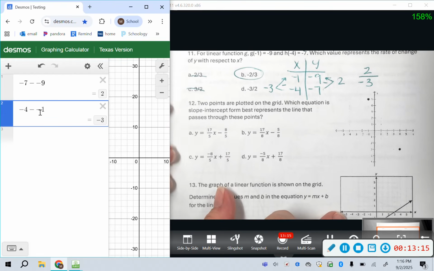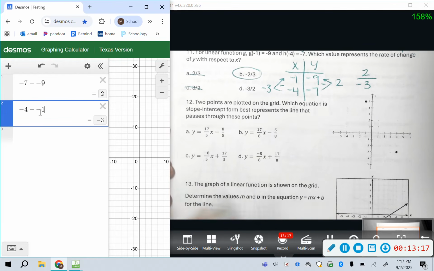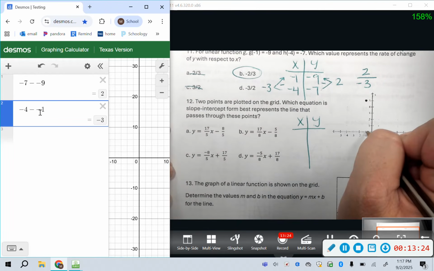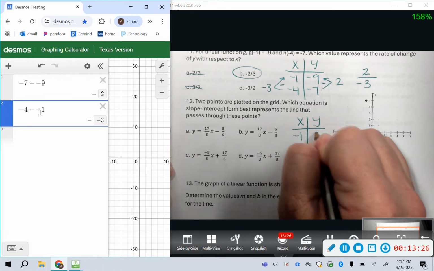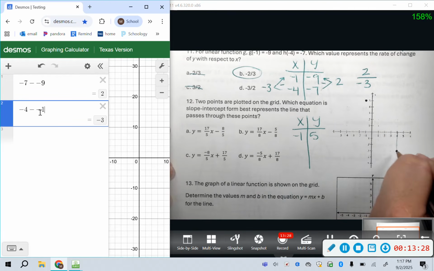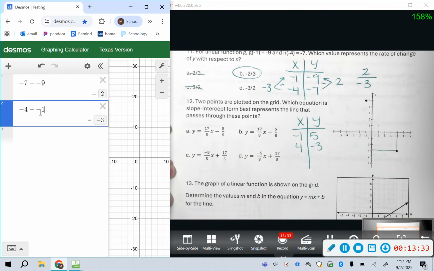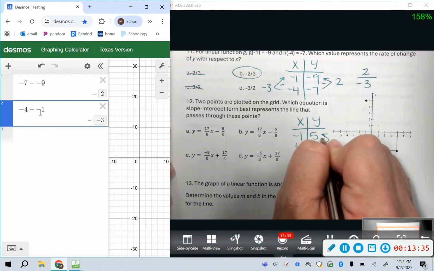Okay. Here, 2 points are plotted on the grid. Which equation? So again, I need an equation. I'm going to build a table. So this point is -1, 5. And this point is 4, -3. And again, bottom minus top, lots of slope practice.